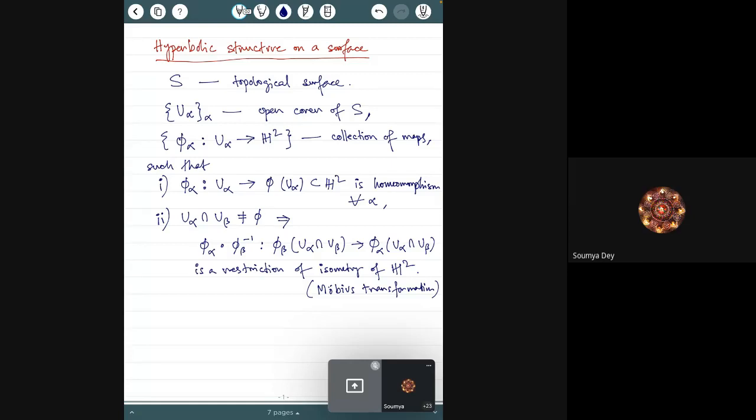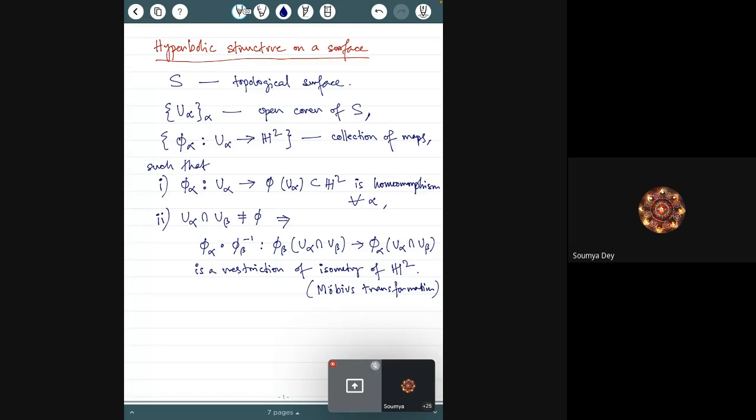Had a chance to look at the definition of a mapping class group. So today we'll be dealing with what is called a hyperbolic structure on a surface, which was previously defined by Krishnenduda, but I'll go over that again. While dealing with the mapping class group, we were not dealing with any kind of structure on our surface.